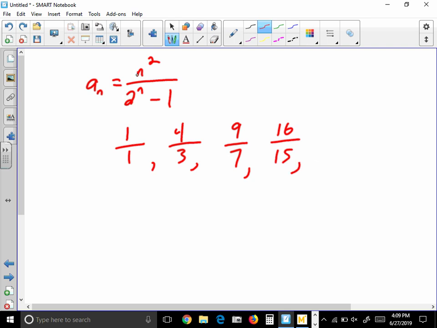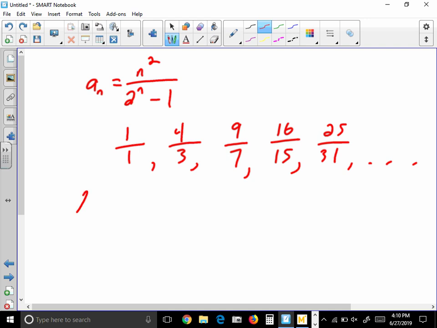Let's do one more. If we put in a 5, we get 5 squared over 2 to the fifth minus 1. What do y'all think, is that going to converge or diverge? Any guesses? Converge? That's a good guess.